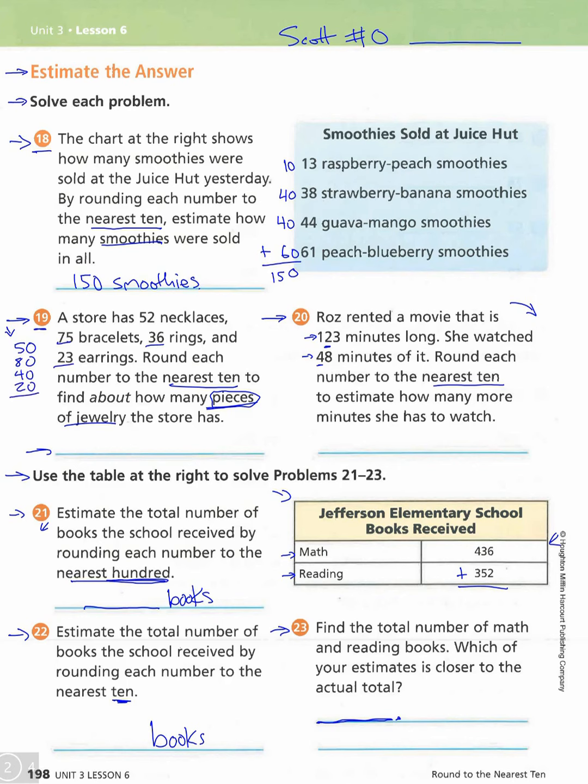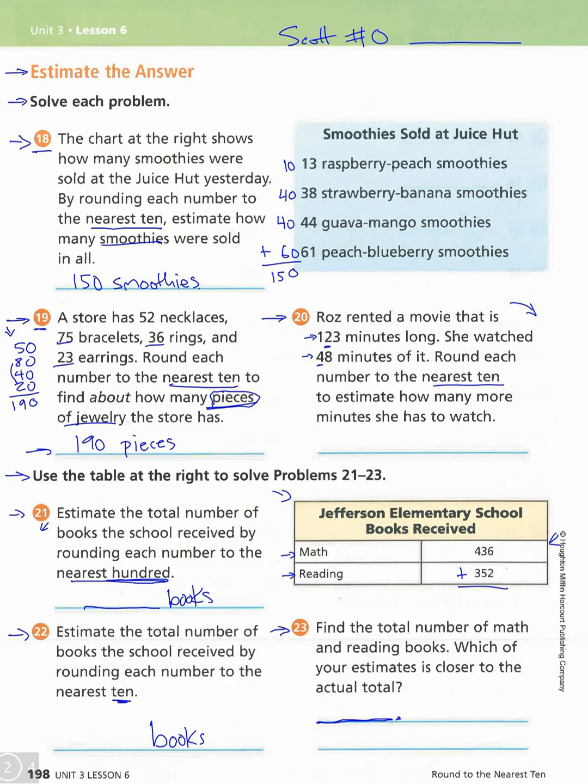So if we add all those up, the zeros are just going to stay the same. And then I see partners for 10, so 8 plus 9. So there's 10 plus 9, we have 19. So 190. So we say 190 pieces of jewelry.